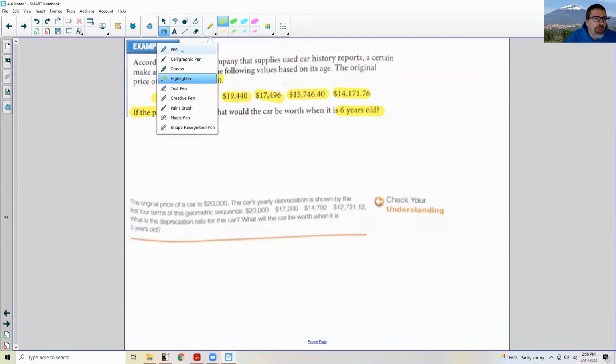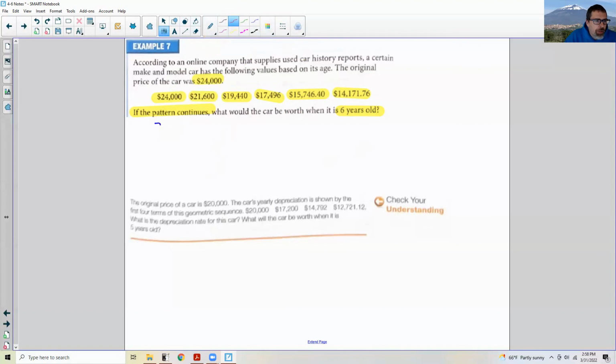So the first thing we're going to do is see if it's an arithmetic sequence. If you don't remember that, that is when you have a common difference, D. So what you do is say, okay, 24,000 minus 21,600 is, oops, undo. 0 minus 0, 0 minus 0.